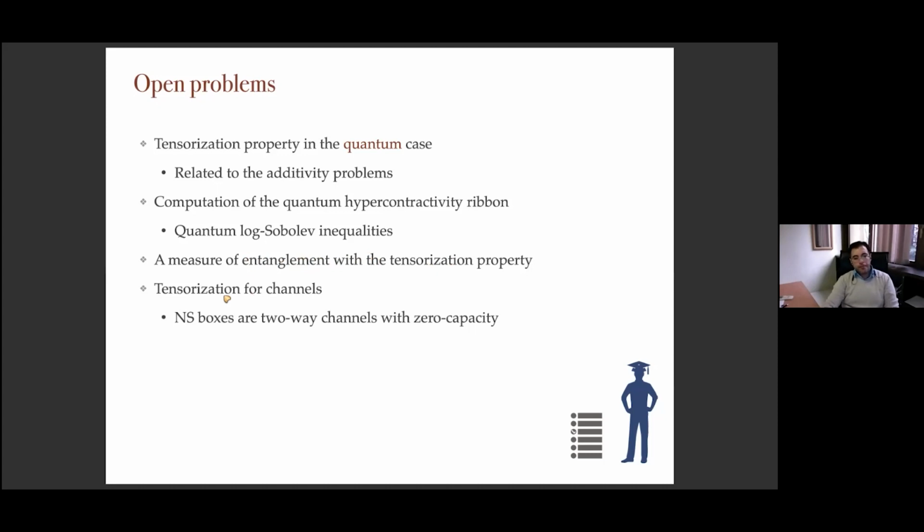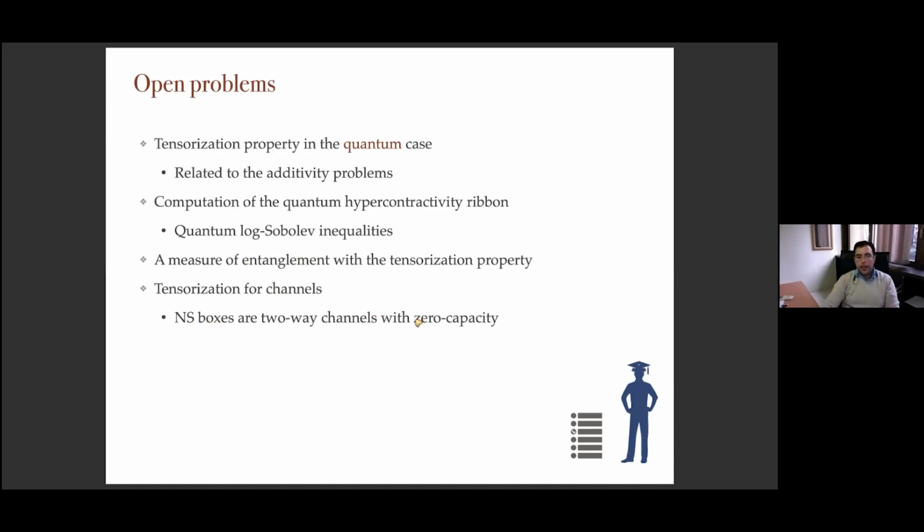And finally, a measure of correlation for channels that satisfies the tensorization property is also very useful. In particular, I told you about the maximal correlation for no-signaling boxes. If you think about it, no-signaling boxes are channels. They are two-way channels, with two inputs and two outputs.